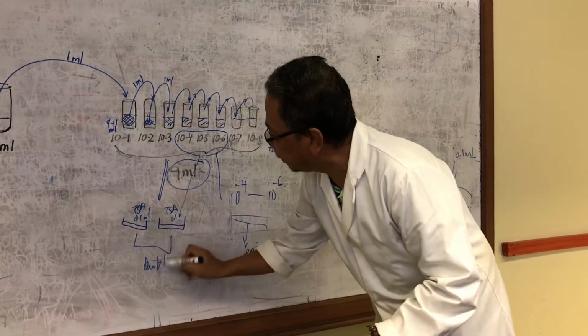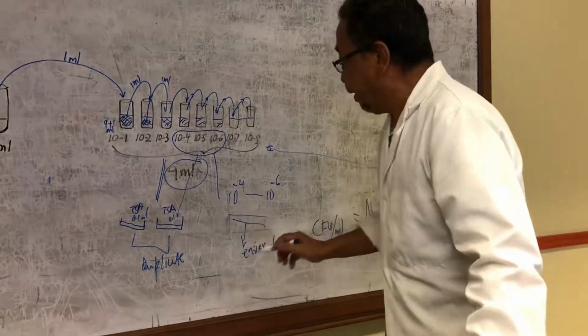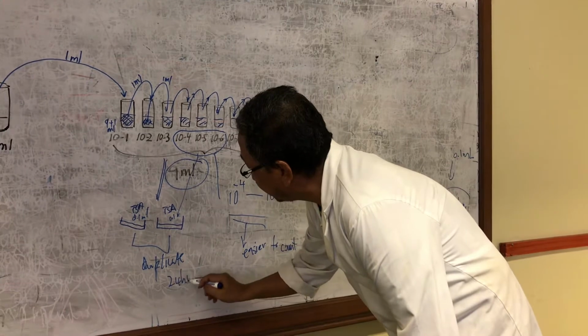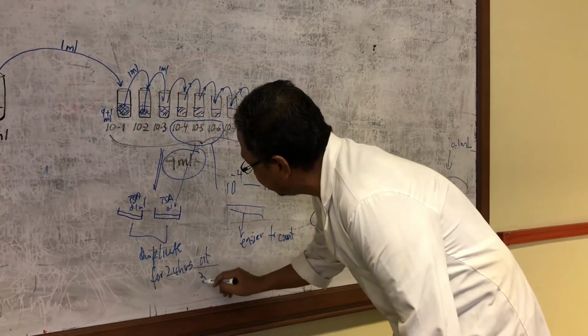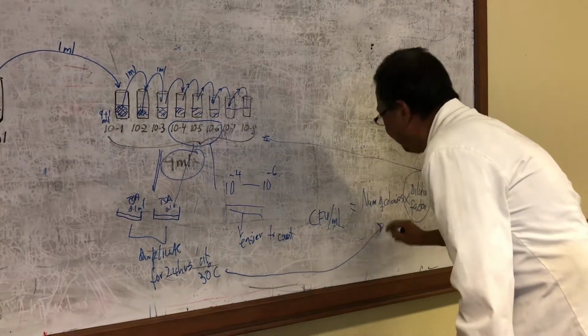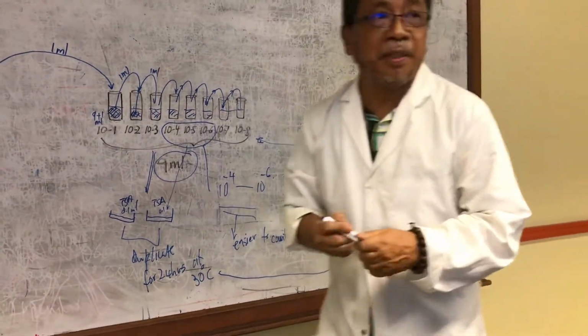Then let's say you incubate this for 24 hours at 30 degrees Celsius. After 24 hours, you can count the CFU. So let me show you how to do it.